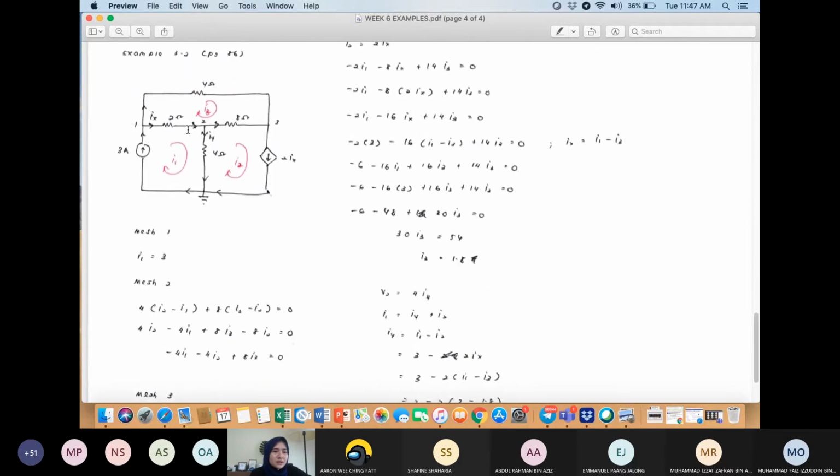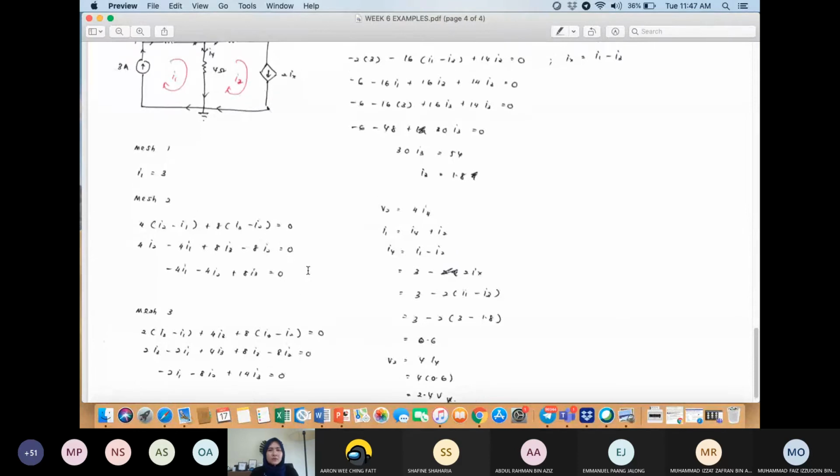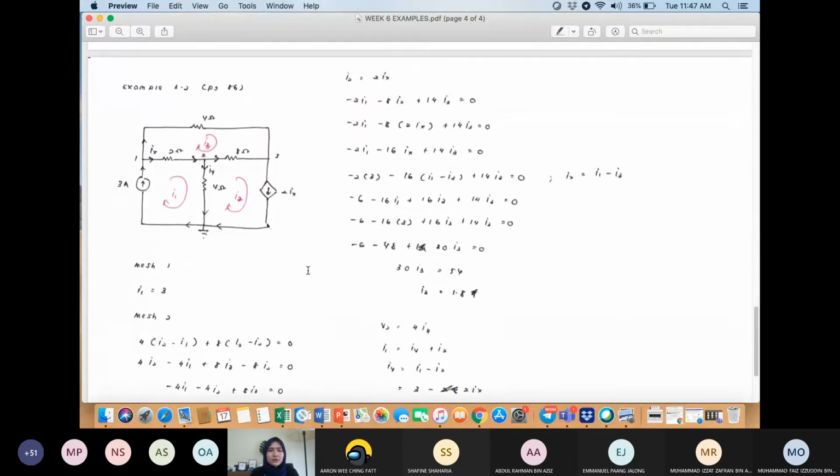For mesh 3, this is 2 multiplied with I3 minus I1 plus 4 I3 plus 8 I3 minus I2. So you will get this equation. You know that I2 is equal to 2Ix.